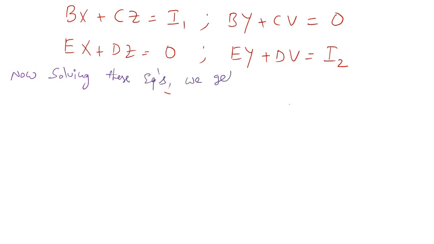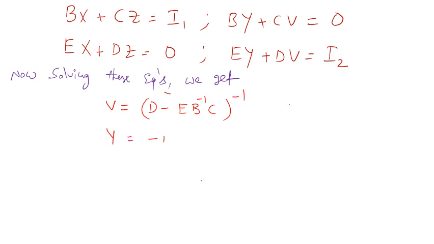Now solving these equations, to solve the problem you have to remember this set of solutions. Capital V equal to (D minus E B inverse C) whole inverse, this is the V matrix.